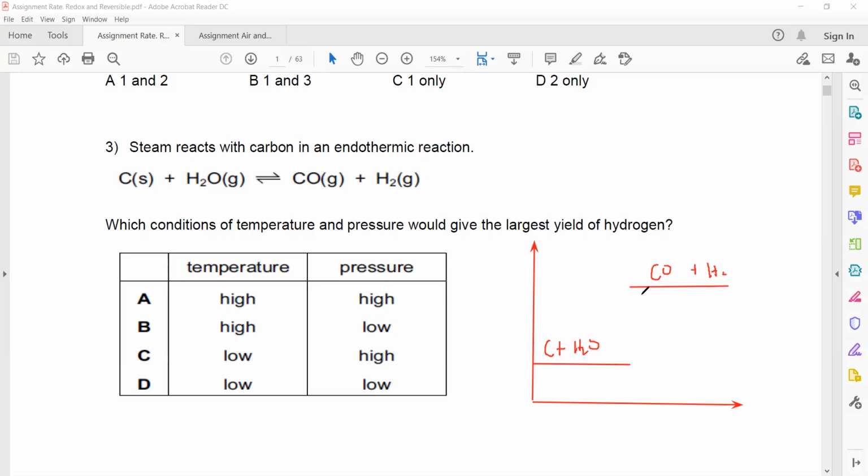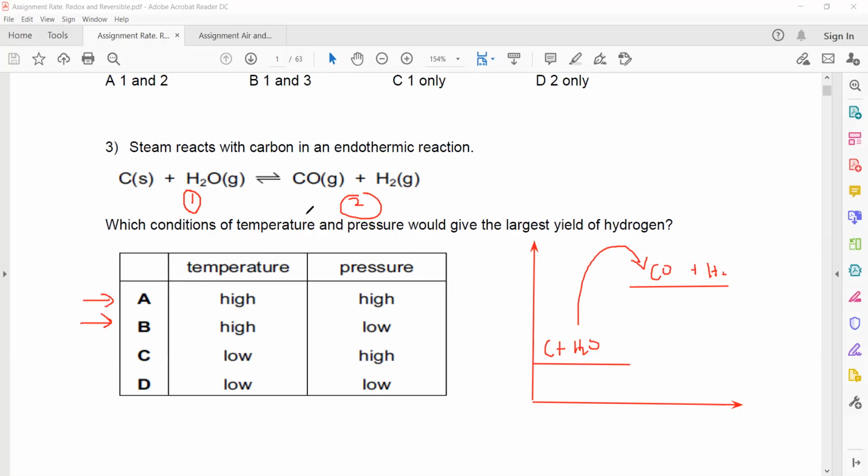So what should I do to the temperature to get more hydrogen? Should I increase or decrease the temperature? I should increase the temperature because that will shift the equilibrium towards right. So either A or B can be the answer. But what about the pressure? When you check the moles, here we have one molecule of gas and on the product side we have two molecules.